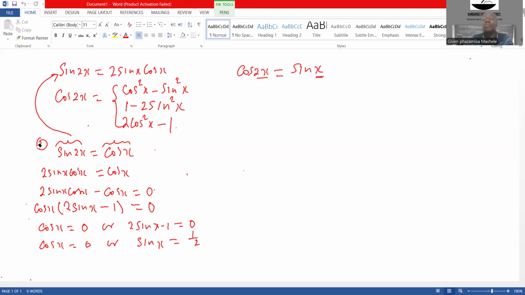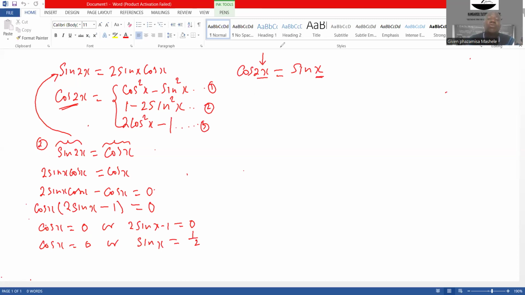So what can we do? We're in grade 12. Since this one is a double angle for cos, and we know the double angle for cos has three equations, we need to work smart and look for which one we can substitute in order to solve this.